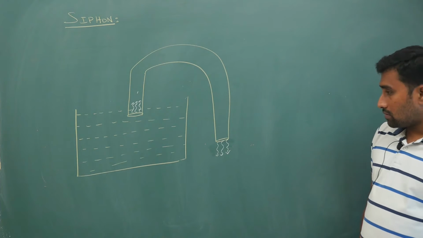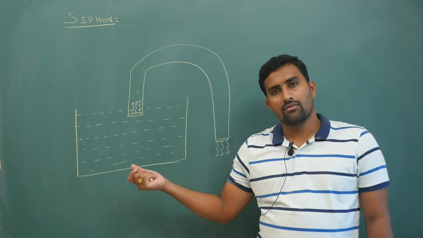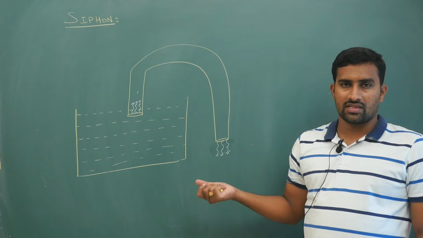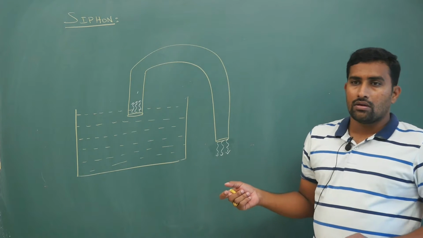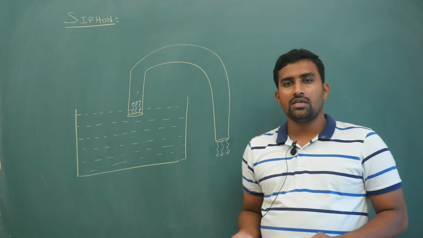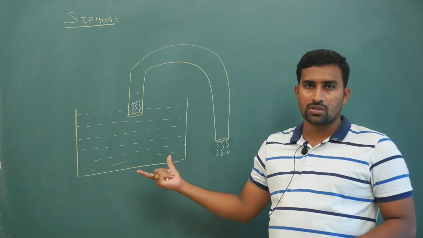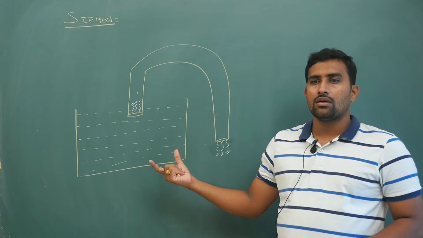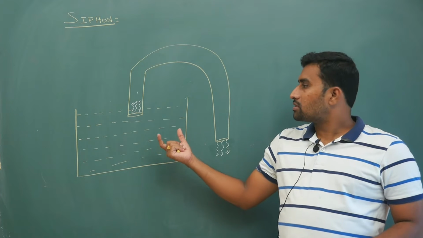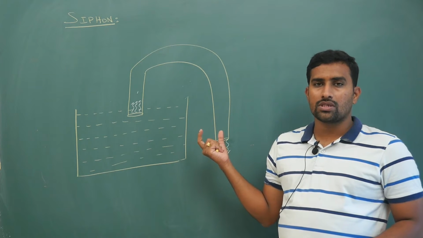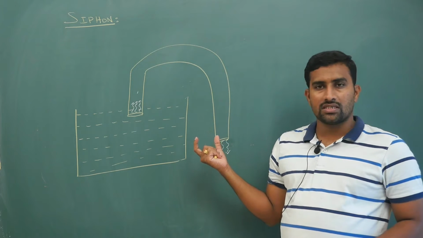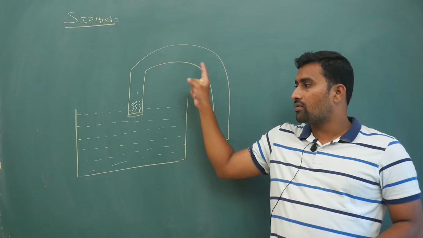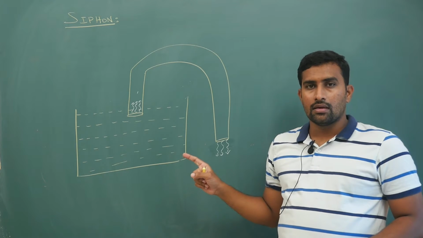Why it moves, we will prove with calculation, but a siphon is a device: inside some big source tank you will have water, attached to this source tank there will be a U-shaped tube with uniform area of cross section like this. Now if this is the case, water will start flowing up like this.